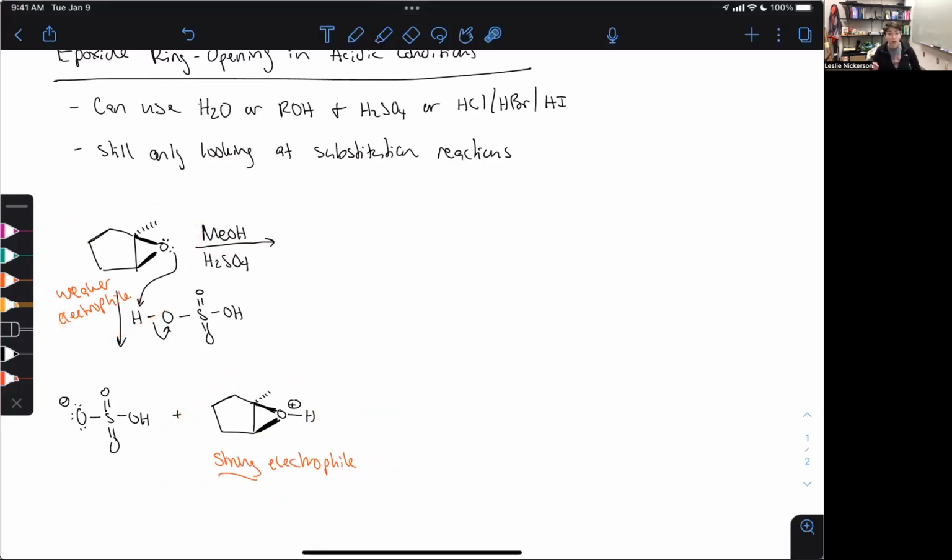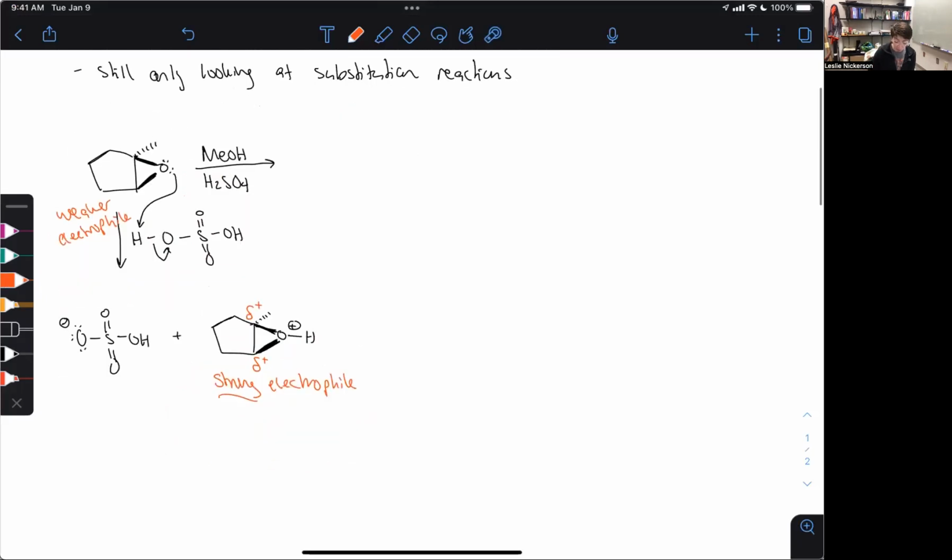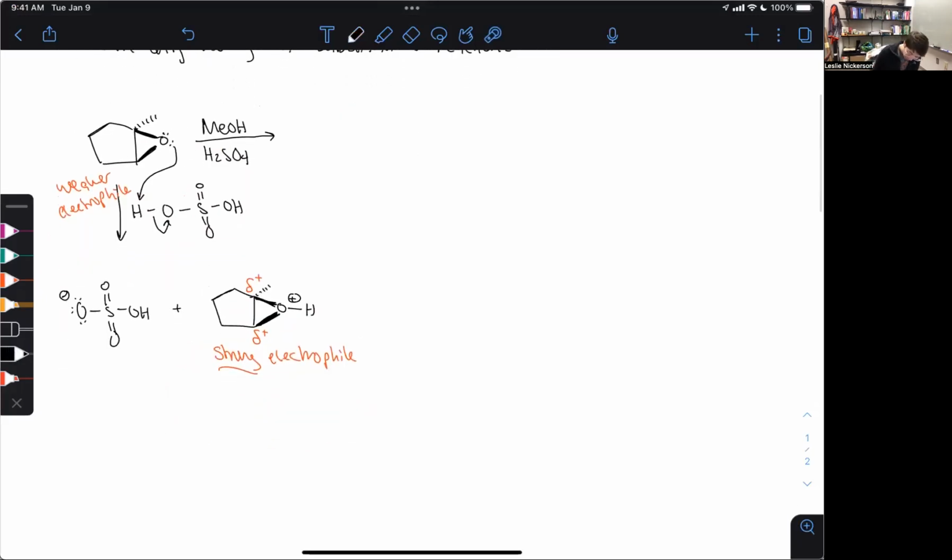One thing we want to consider here is, I know that both of these are delta plus, but are they both evenly the same amount of delta plus? We want to look at that.